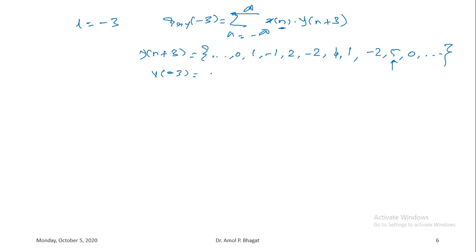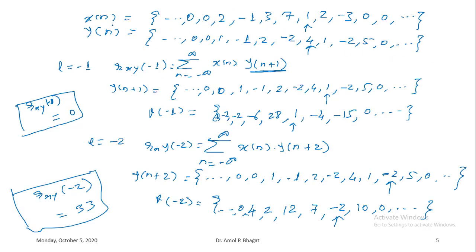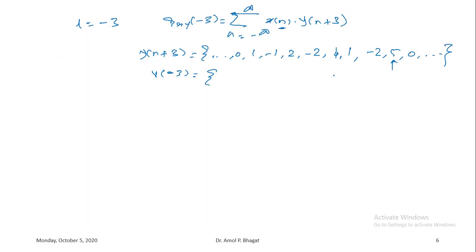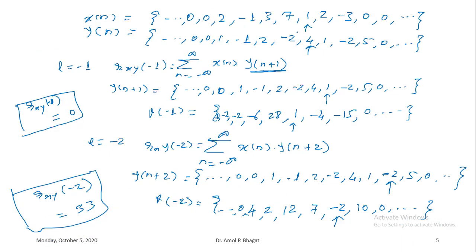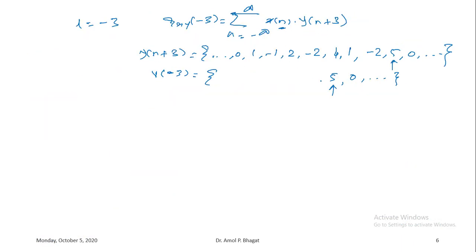So v of minus 3 will have at the origin the value 5, and the origin value in x of n is 1, so the multiplication will be simply 5. The remaining values are 0 here, so 0 will be there. Minus 2 gets multiplied with 7, so it will be minus 14.